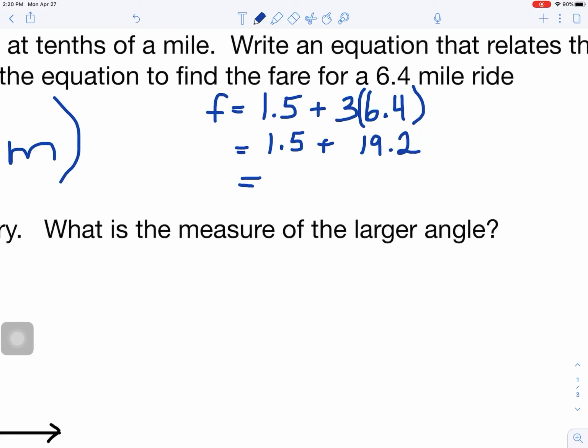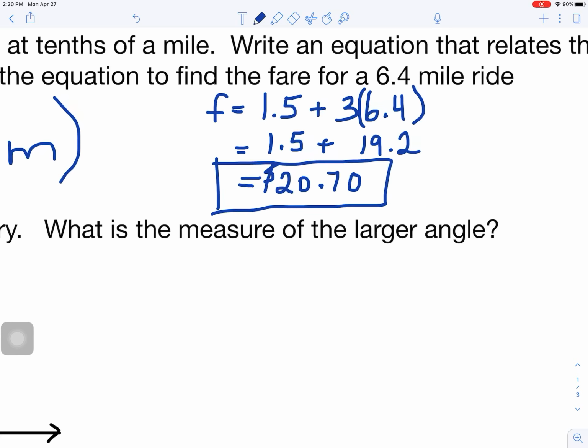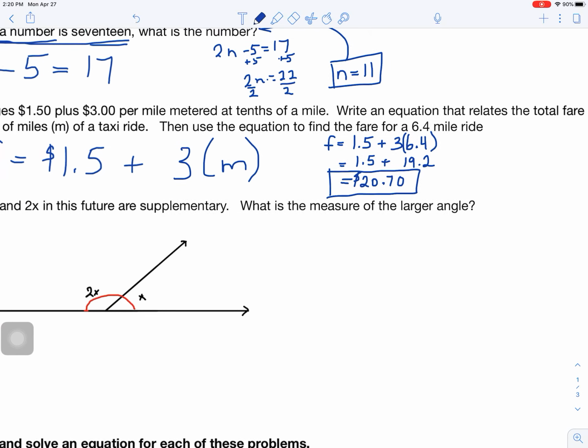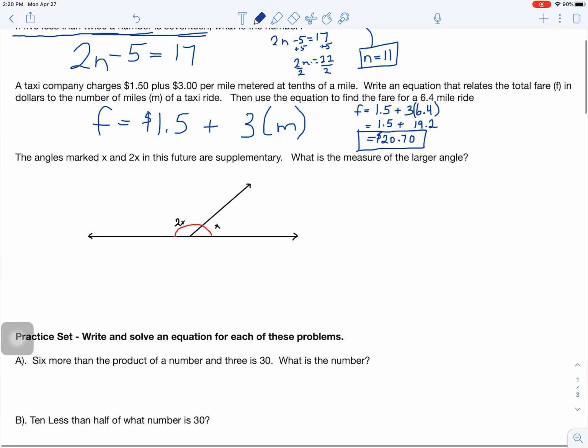So we add those two together and we get 20.7. So if you can figure that into dollars, it's going to cost $20.70 to go 6.4 miles on that taxi.